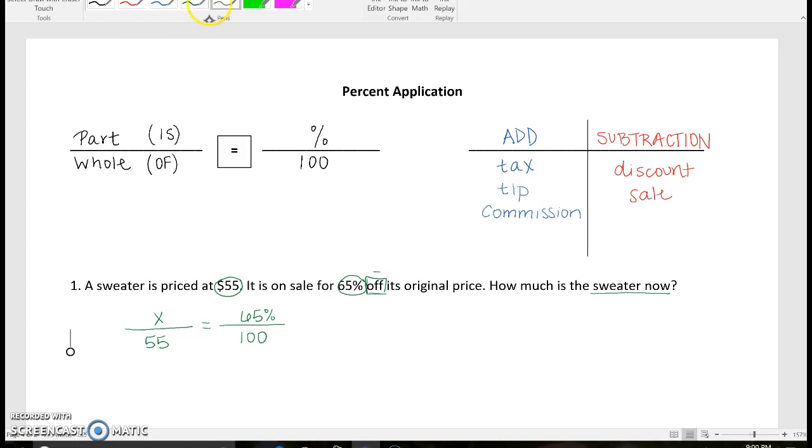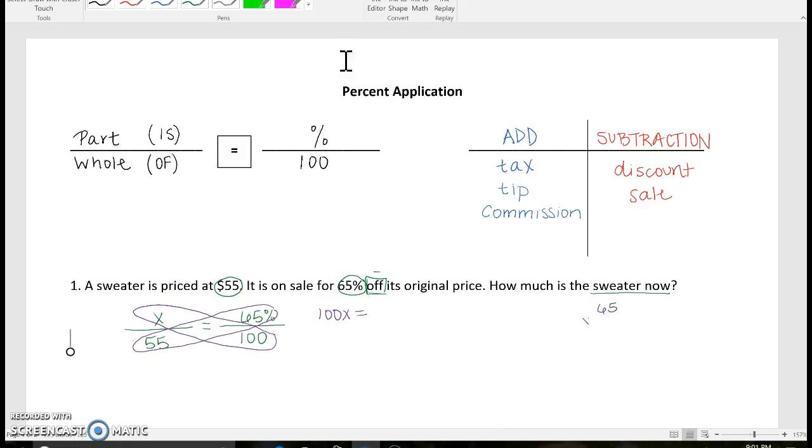Now, once we have a proportion set up, we are going to do our cross product. I always like to do the diagonal with my variable. So 100 times x, so 100x equals, and then my second diagonal, 55 times 65.